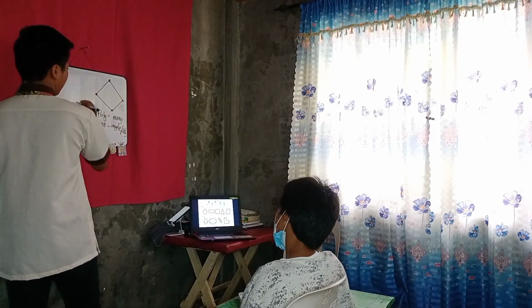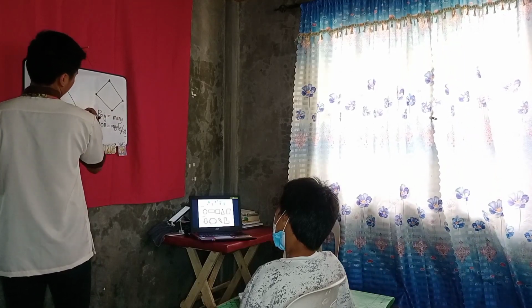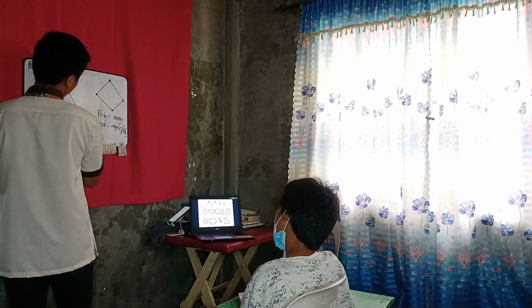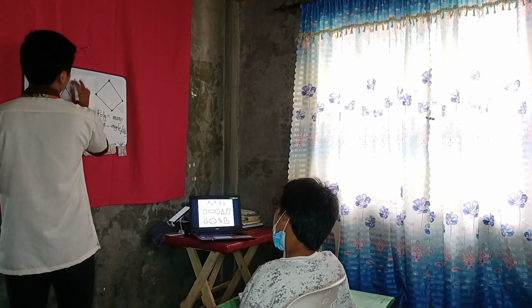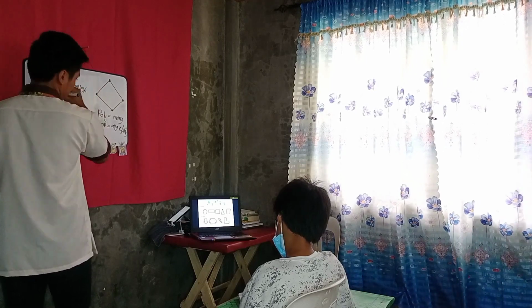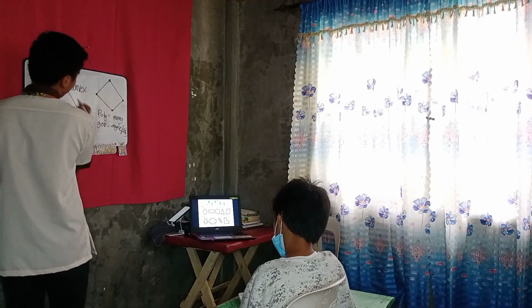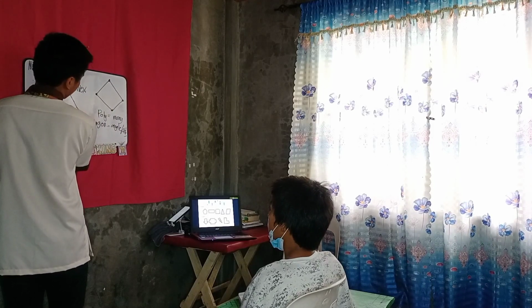Halimbawa, we have our given figure 1. Paano natin masasabi na ito ay isang convex polygon? Let us just extend our line segments.